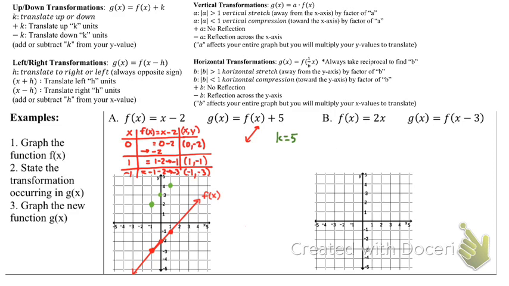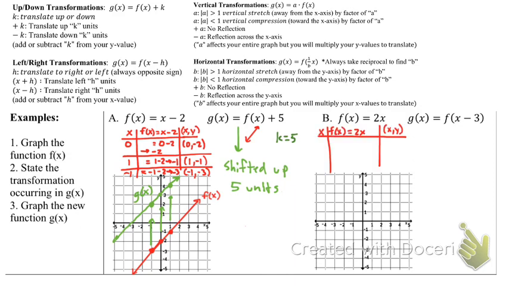So now these 3 dots have shifted up 5 units, and we have created our new graph. And this graph is called g of x. If you notice, it was basically f of x, but shifted up 5 units. Okay, so what did we do? g of x was our drawing, and we shifted or translated up 5 units. Okay, and this is how we're going to do transformation graphs.